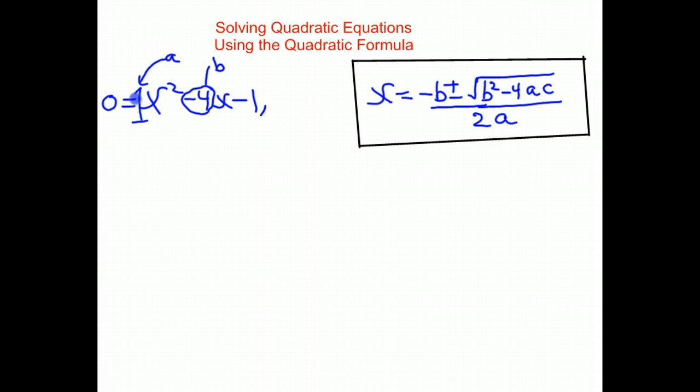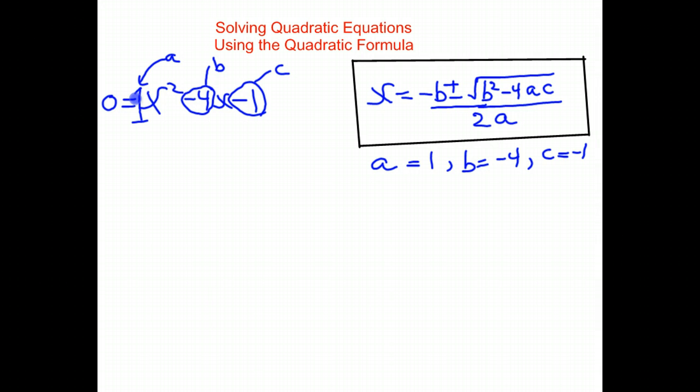And our last term, negative 1, is considered to be our c. So just to write it down over here, we know that a is equal to 1, b is equal to negative 4, and c is equal to negative 1.